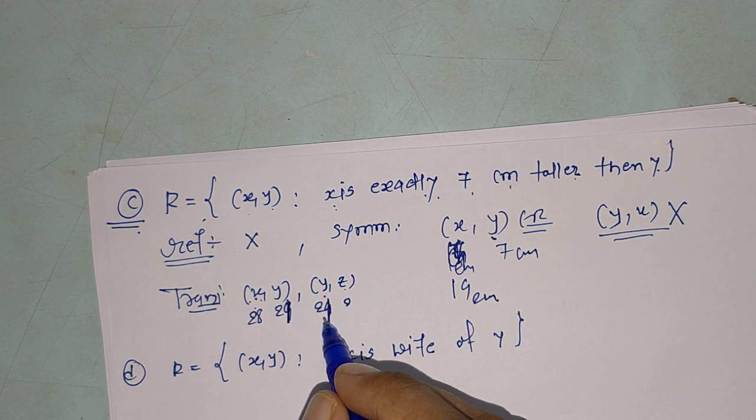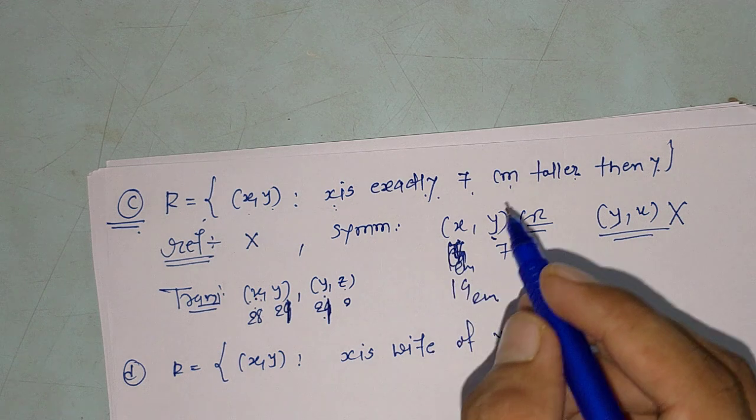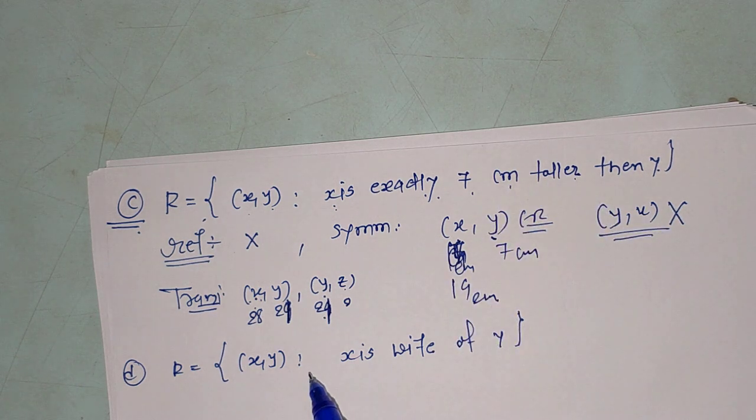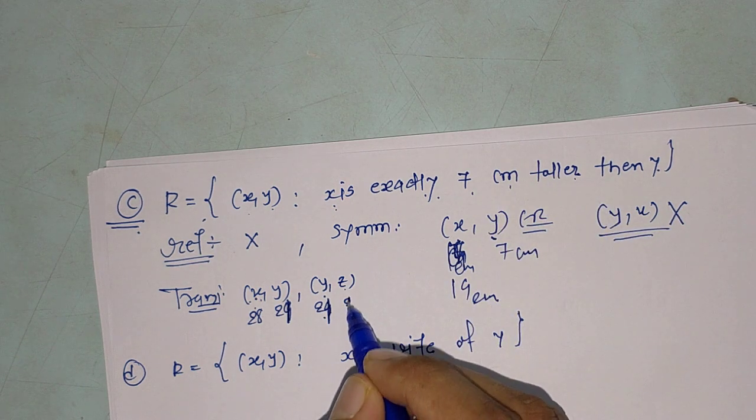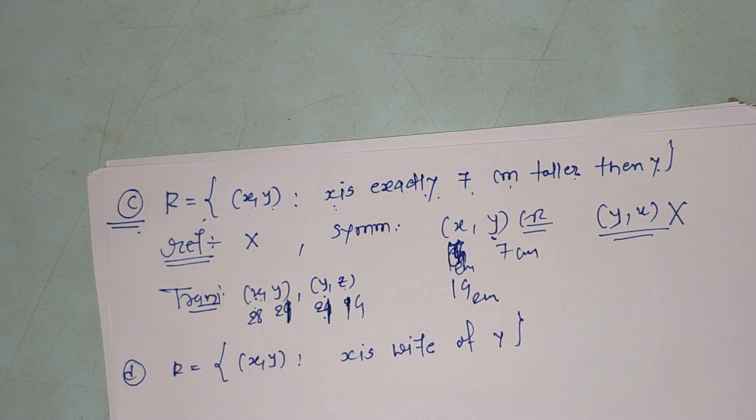If Y is 21 and Y is 7 centimeter taller than Z, then Z must be 14.